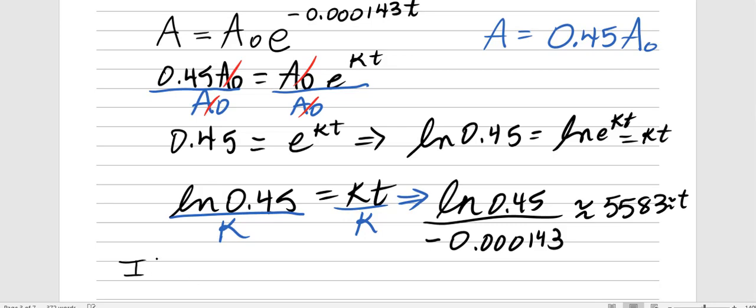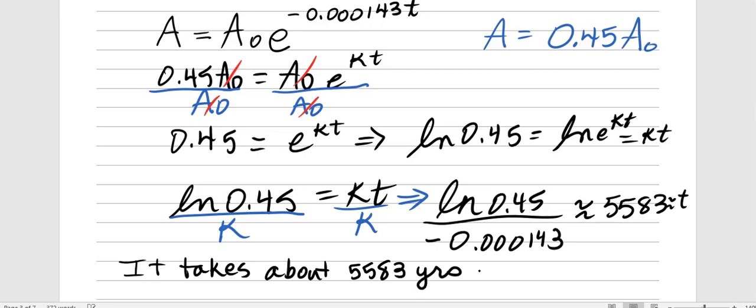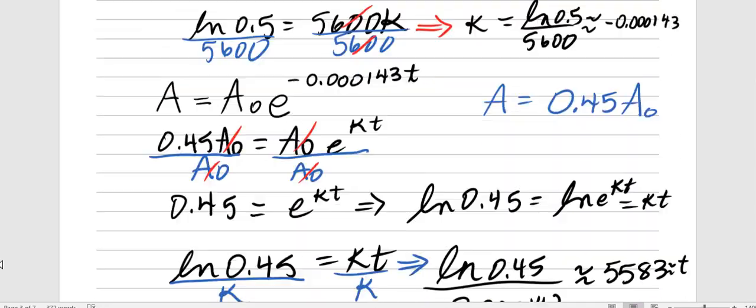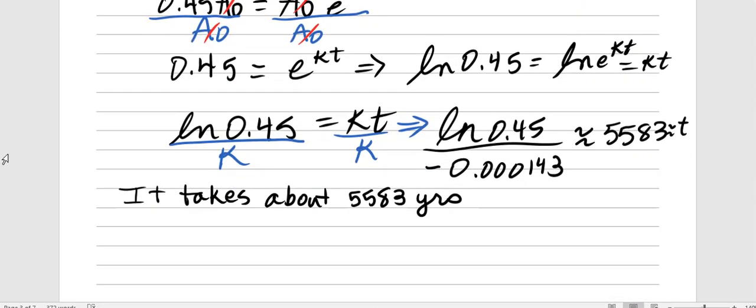So it takes about 5,583 years, or actually the question is how old is the bone? So let's just answer that more directly.